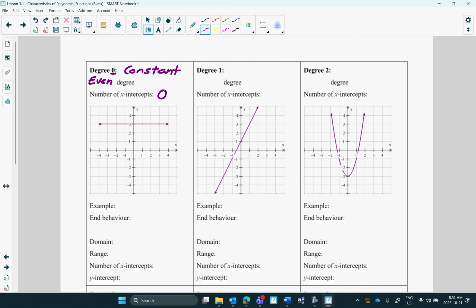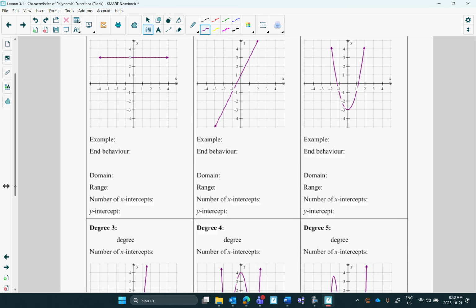We can't have any x-intercepts because a constant function is a horizontal line. It will never cross the x-axis. So it has 0. So in this example, this is y, or f of x, equals 3. What's happening on the ends? Well, we're just extending horizontally.